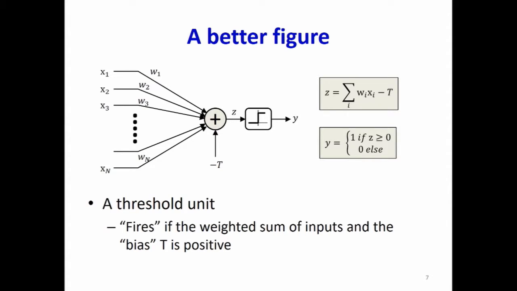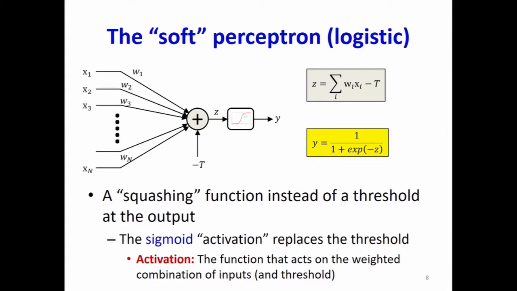We also saw that we can modify this basic operation a little bit and replace this thresholding sign operation by something that's softer, like a sigmoid, which instead of switching between 0 and 1 can smoothly slide from 0 to 1.